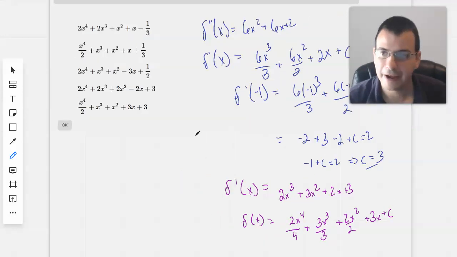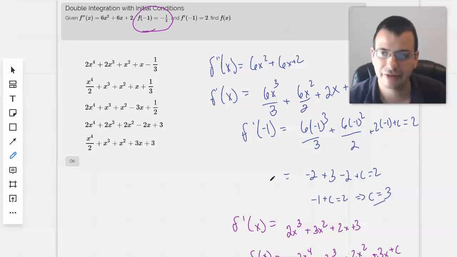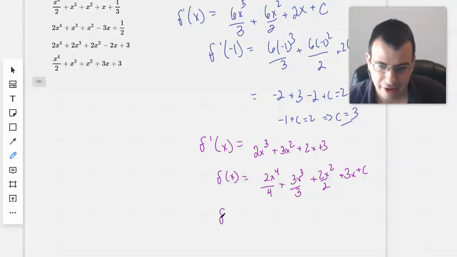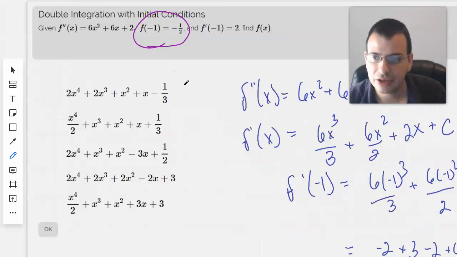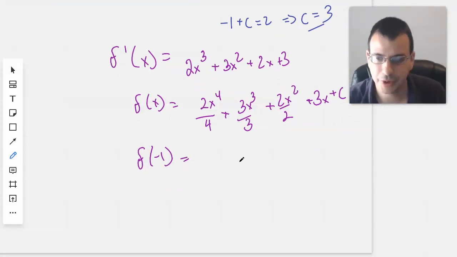Okay? And we also know that f of negative 1 equals negative 1/2. So we'll say that f of negative 1 equals, check to make sure I'm getting that right, yep, we are. So we have negative 1 to the fourth will be just 1.